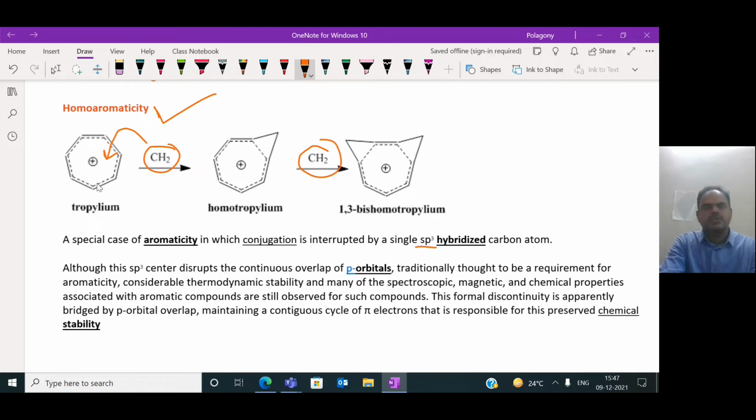That means if we introduce a CH2, an sp3 carbon, into the tropylium ion, that ion will get homoaromaticity. So these ions will become chemically stable.